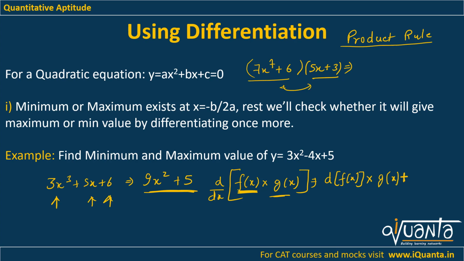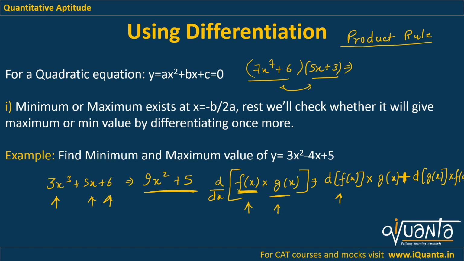Then you will write plus. This first term has been differentiated once. Now it's the turn of this second term to be differentiated. So you will differentiate gx now and you will write the other term as it is. That means you will write fx. So I hope the product rule is clear.